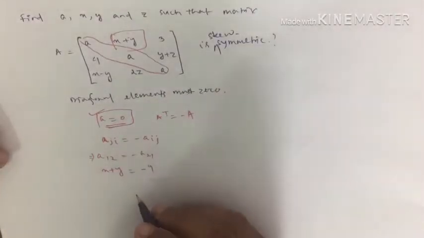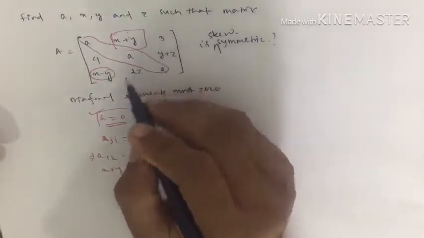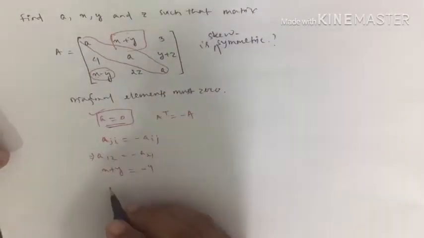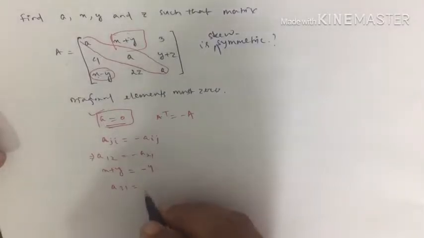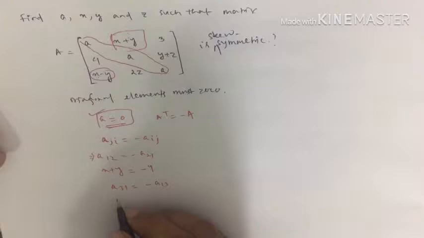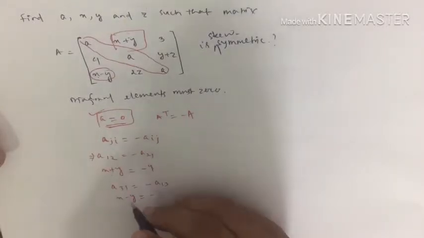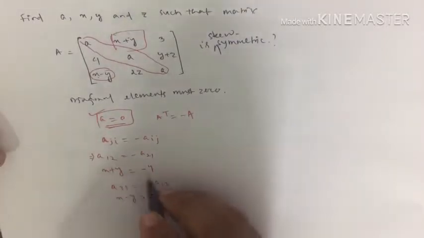Similarly, from this element, a31 equals minus a13 obviously. So we will get x minus y equals minus 3. So you'll get x plus y equals minus 4, x minus y equals minus 3.